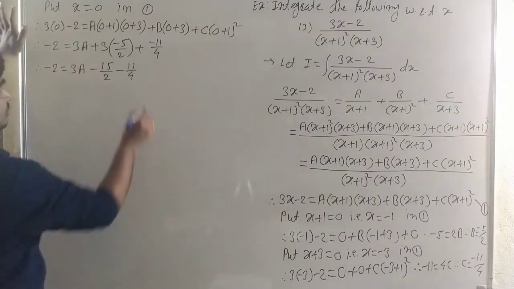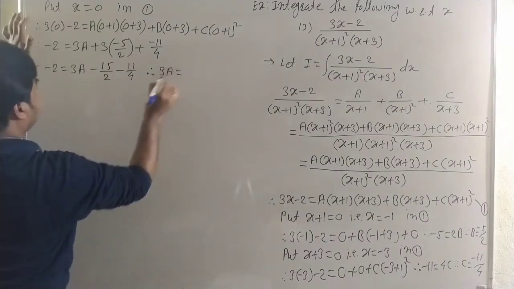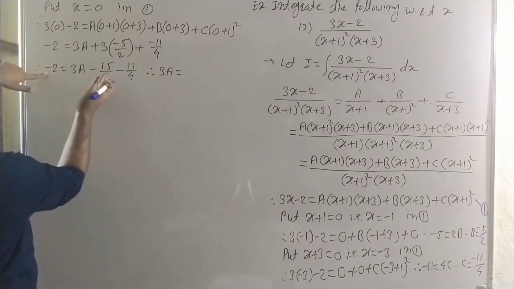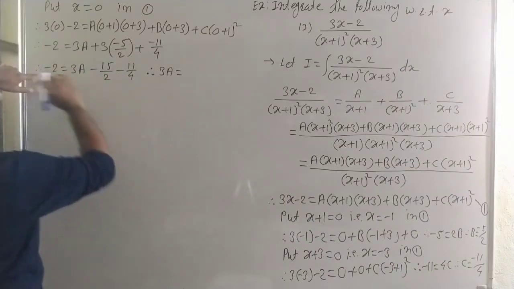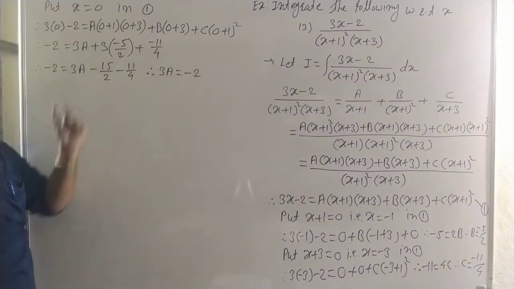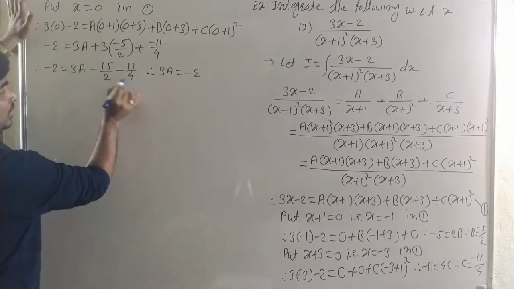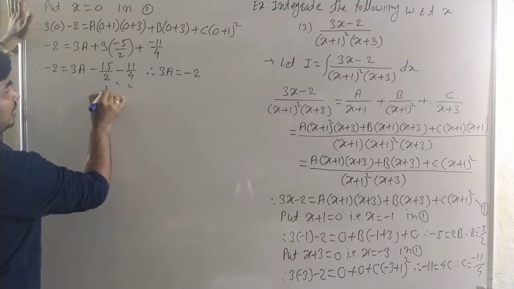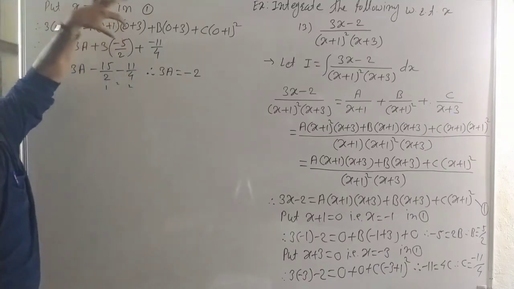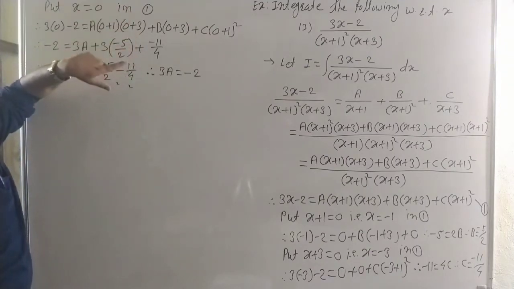See carefully the calculation. Therefore 3a is equal to 15/2 and 11/4, and we can write -2 as it is. Now the calculation of this term: 15/2, common denominator 4, -30 and -11, -30 -11 is -41, -41 upon 4.